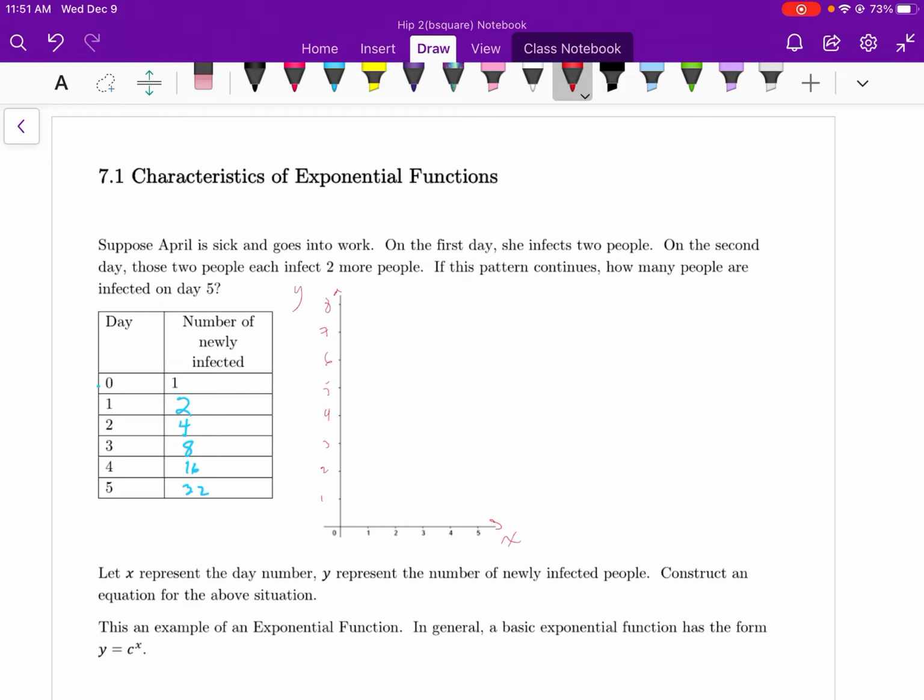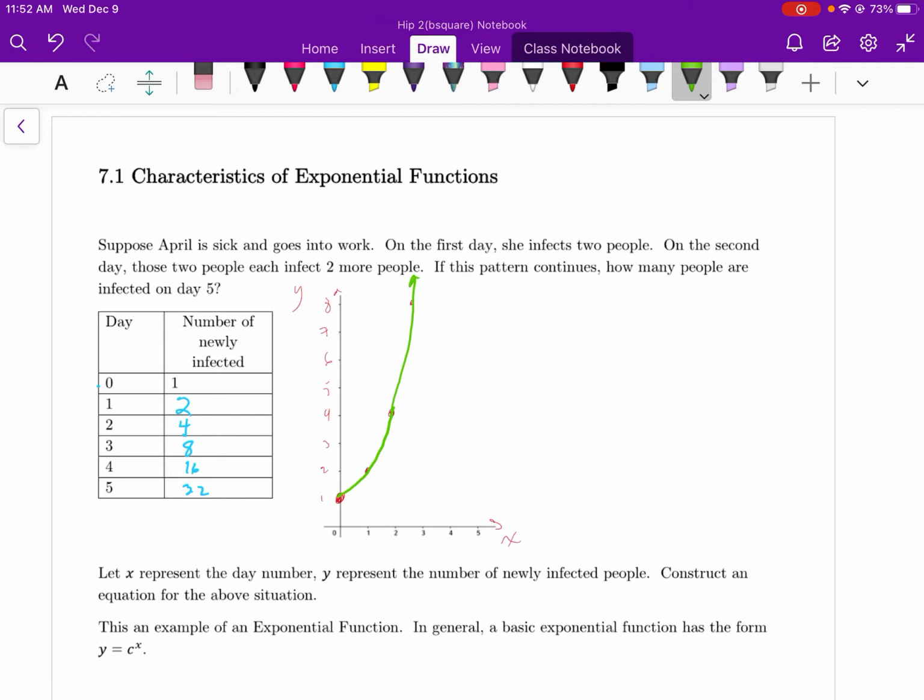This will be my y-axis. And as the day is 0, we have 1 person infected. If the day is 1, we have 2 people. On the second day, we have 4. On the third day, we have 8. And then all of a sudden, my graph runs out of space. But this is what an exponential graph looks like.